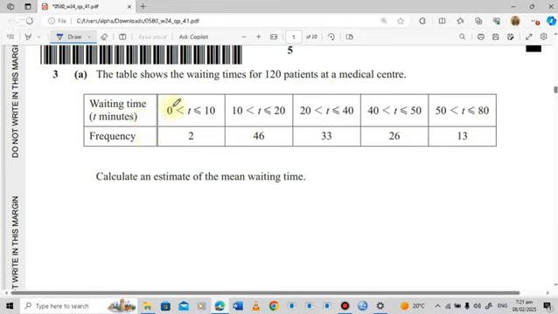So what you have to know is that since this data has been given in intervals, this is grouped data.